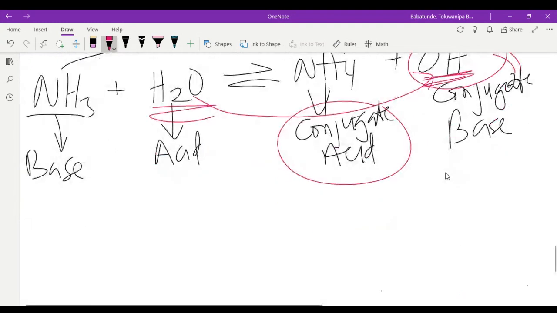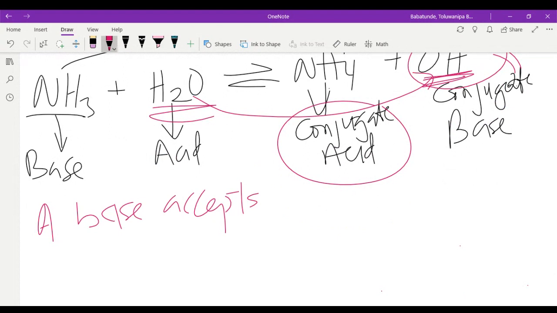So we have to remember that a base accepts a proton and becomes a conjugate acid.